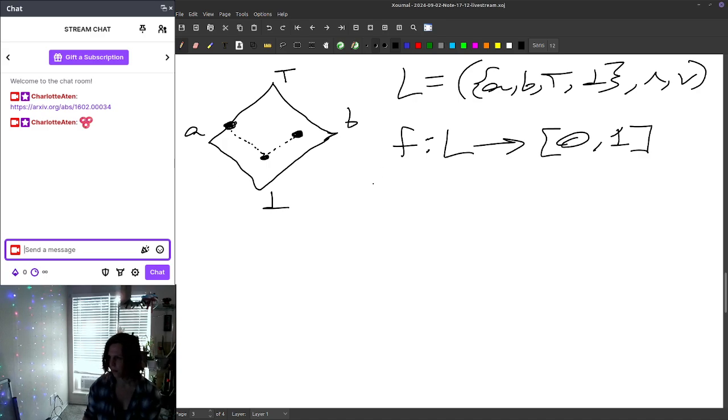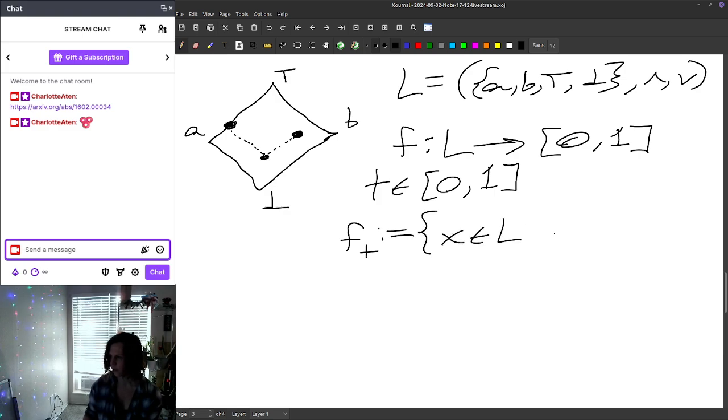Given some number t between 0 and 1, this f sub t, by definition, is the set of all x in our lattice such that f of x is greater than or equal to t.